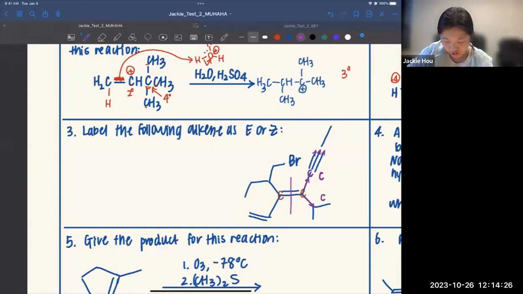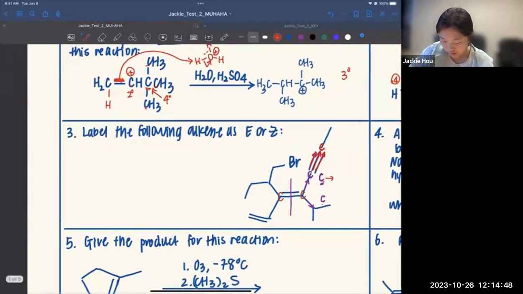Because they're both attached to carbons, we need to go a step further and find out what attachments are included in this carbon, right? So now I have to look at these bonds over here because these two are the same. So going a step further, we see that this one has three attachments to this other carbon over here.